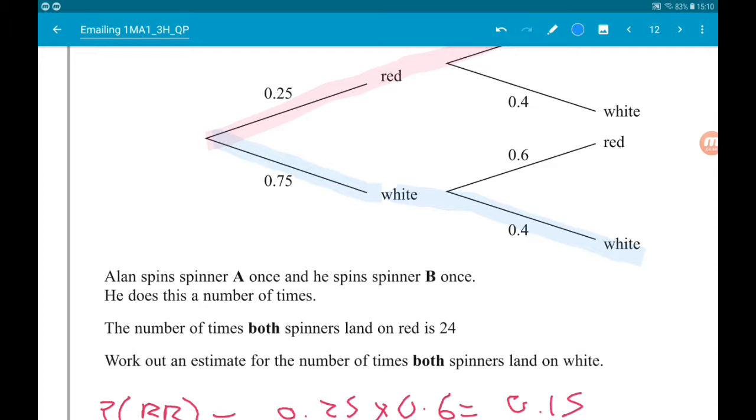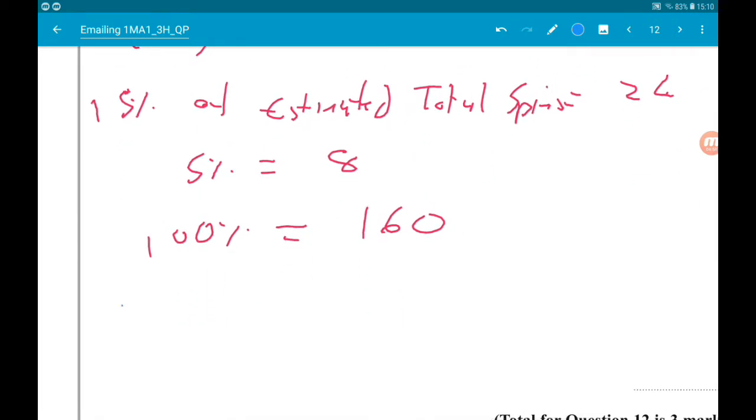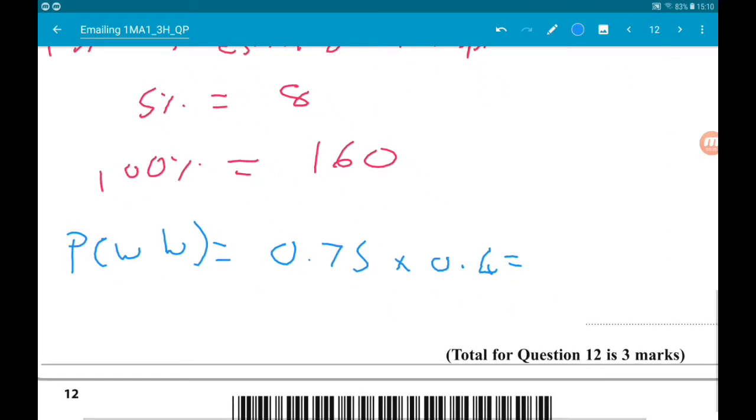So this time we're doing 0.75 times 0.4. So the probability of white is 0.75 times 0.4. Now that is going to give us 0.3.